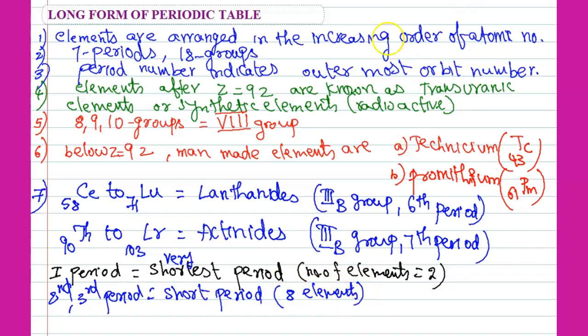Next, the fourth and fifth periods are known as long periods, because they contain 18 elements.